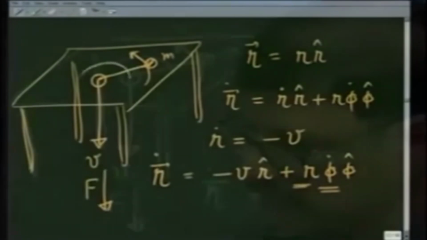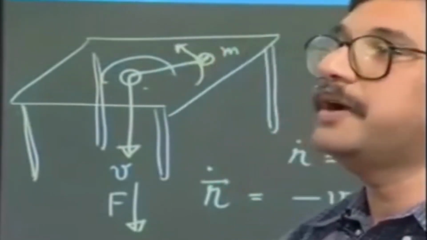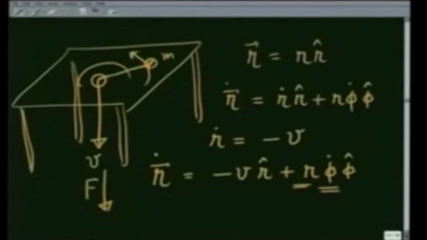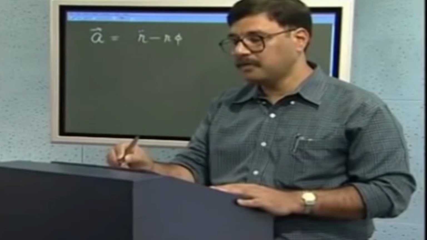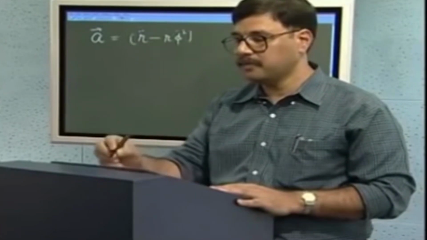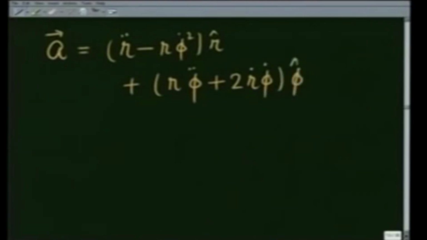Obviously, the particle is moving in this circle, and the table is frictionless, so there is no force in the phi direction. So, let us go back to what the acceleration of the particle is. It is r double dot minus r phi dot square in the r direction, plus r phi double dot plus 2 r dot phi dot in the phi direction.